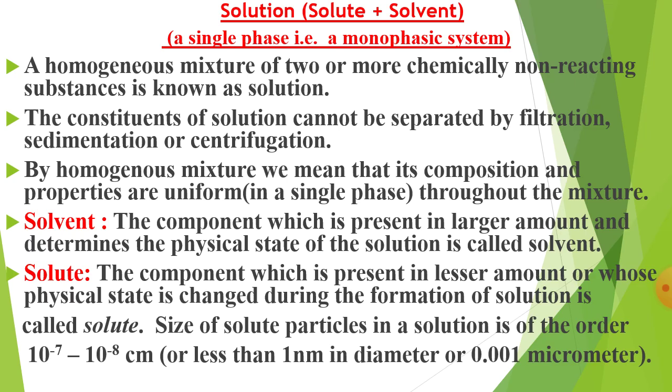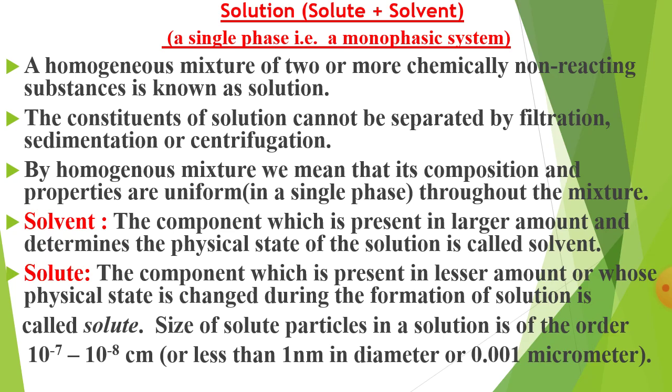Now starting from the solution, how we define the solution. As the chapter name also indicates, you have to know everything about the solution in this chapter. So that's why we have to know what is solution.